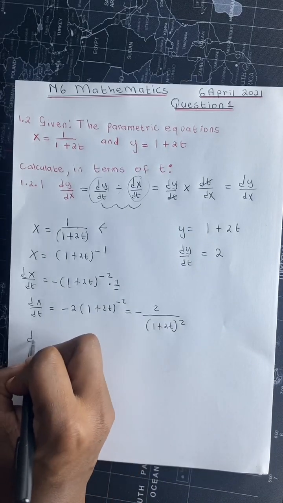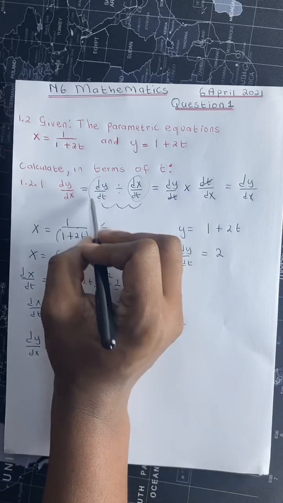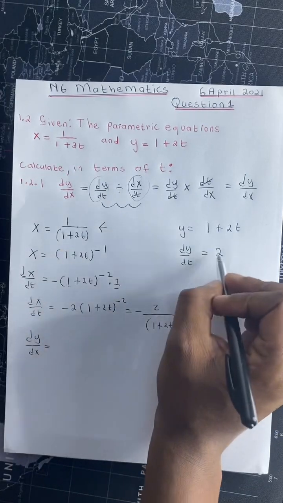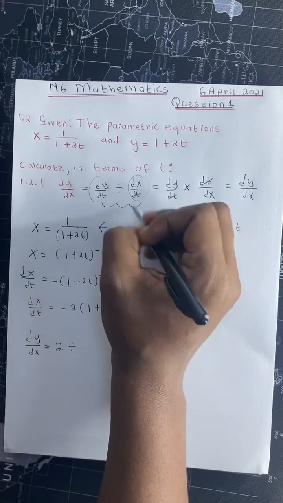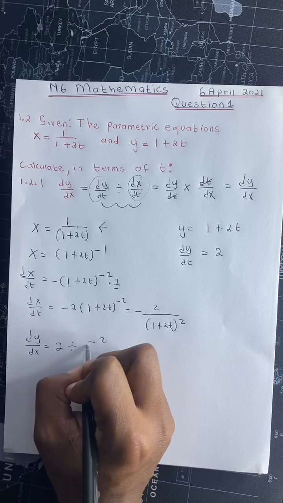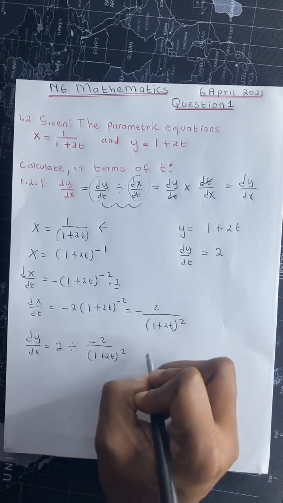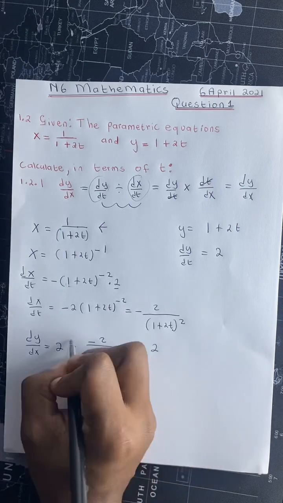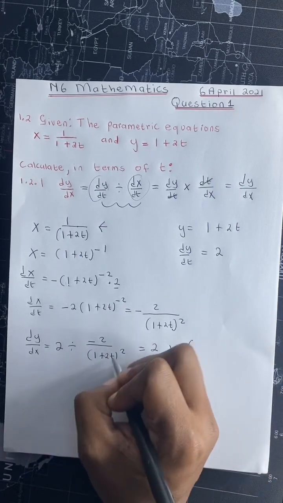So from here, to determine dy over dx, like I said, you just have to divide dy over dt. The dy over dt is 2, and you divide it by dx over dt. The dx over dt is negative 2 over (1 plus 2t) squared. So we change this division sign into a multiplication sign, and this whole thing will flip.